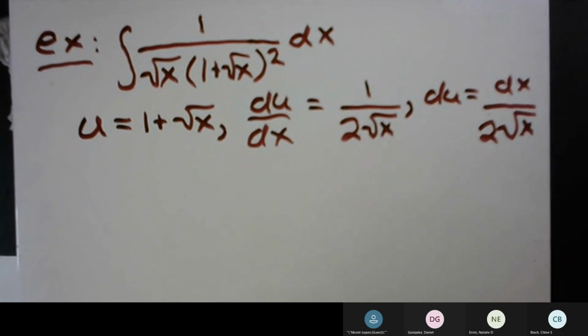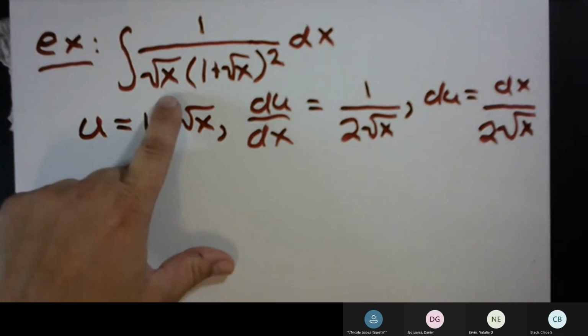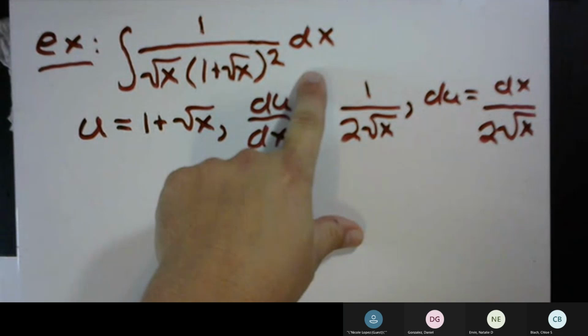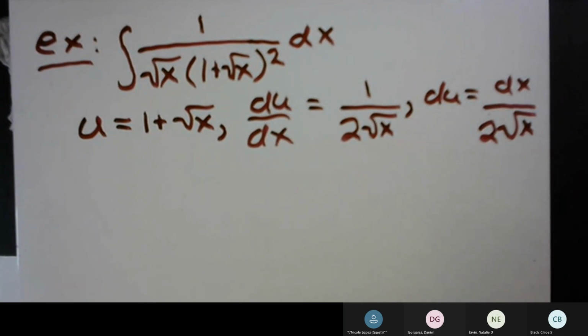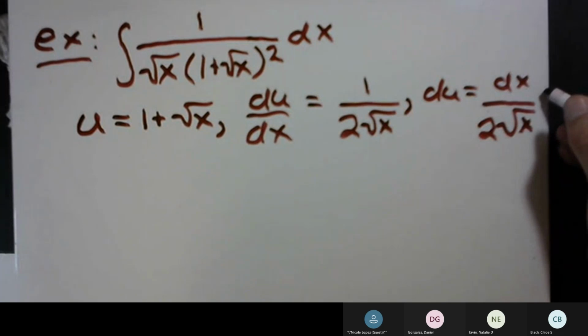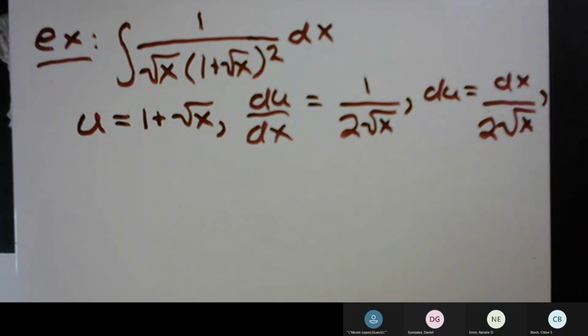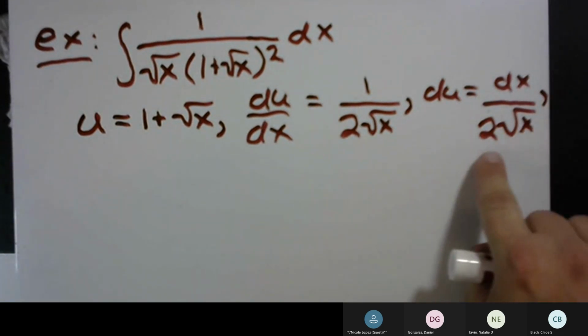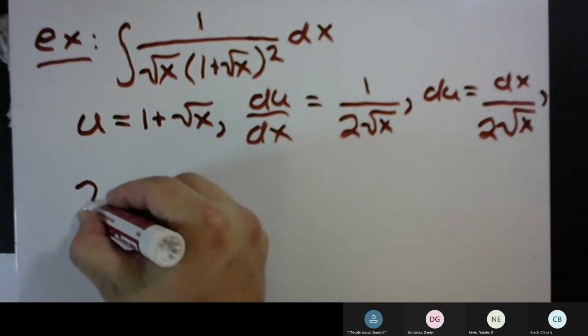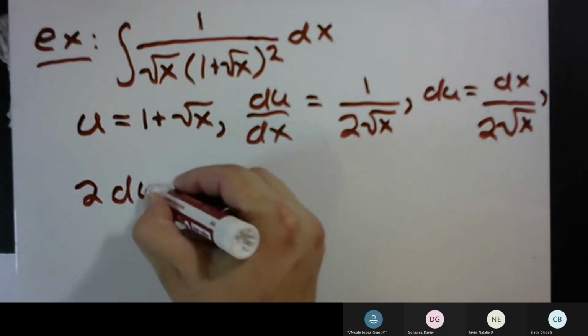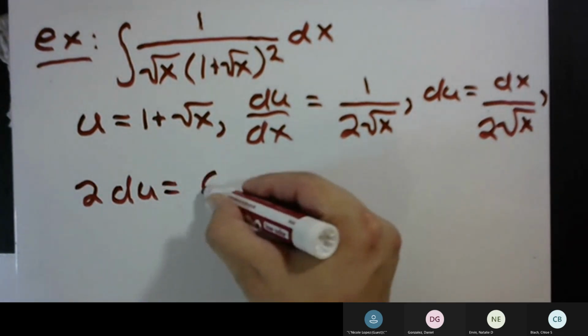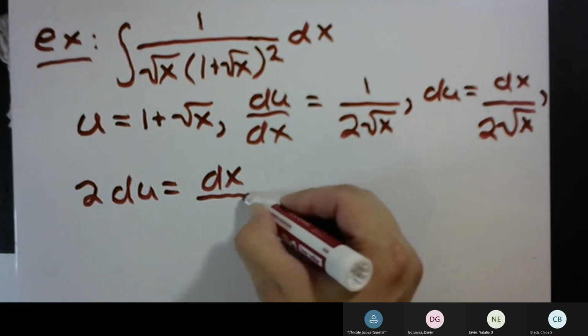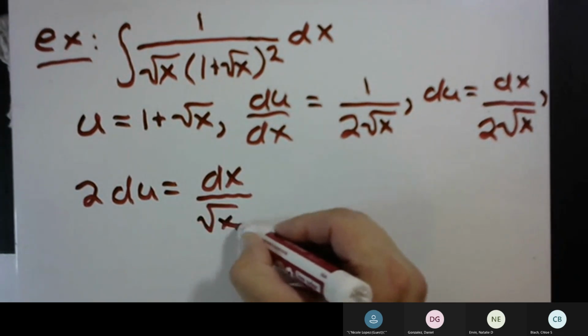Now there's a problem here. We can get a square root x under dx. We've got that, but we don't have a 2. So sometimes what you'll see people do, and this works for constants, is multiply both sides by 2. We'll get 2 du equals dx over square root of x.